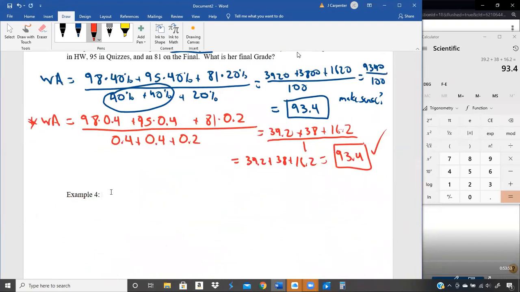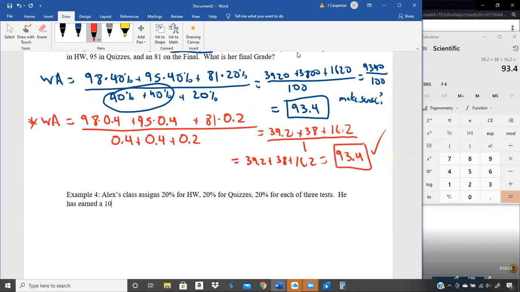All right, example 4. Let's go back to Bob. I'm sorry, not Bob. We got a third student here, Alex. Not that you care. Alex's class assigns 20% for homework, 20% for quizzes, 20% for each of 3 tests.